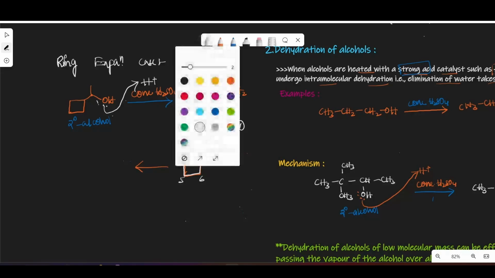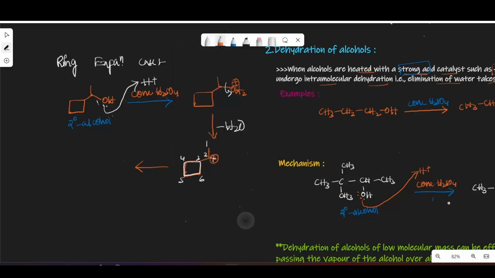So let's see. Just break this bond here and this sixth carbon will shift towards the second carbon, and one bond will be formed between the second carbon and the sixth carbon, and we will get a carbocation on the third carbon.